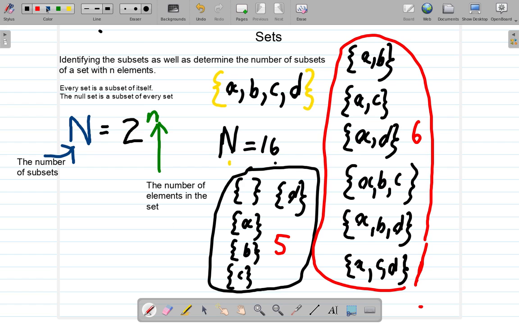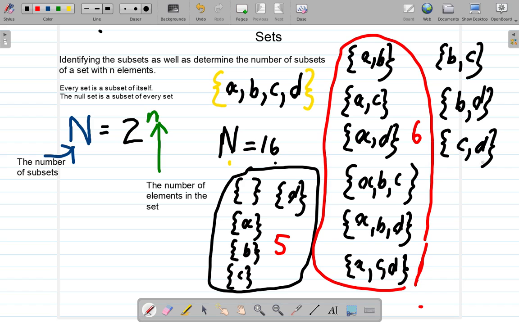If I was going in order, I would have done more of these with 2 elements in them. We've done 2 elements starting with A. Let's look at 2 elements starting with B. We have BC and then BD. Alright. We have AB, AC, AD. Good. Starting with B, BC and BD. Good. Starting with C, we have CD. We seem to have completely run out of all of those with 2 elements.